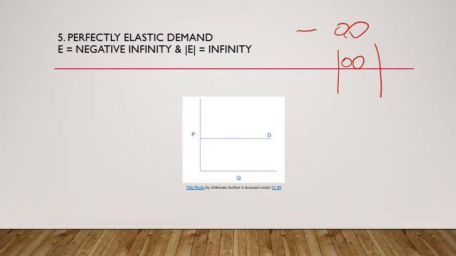And I don't dare to speculate about what happens to total revenues. So let's leave it at that, okay? Again, I will go through perfectly elastic demand in the context of something more solid, which is a pure competition market structure.